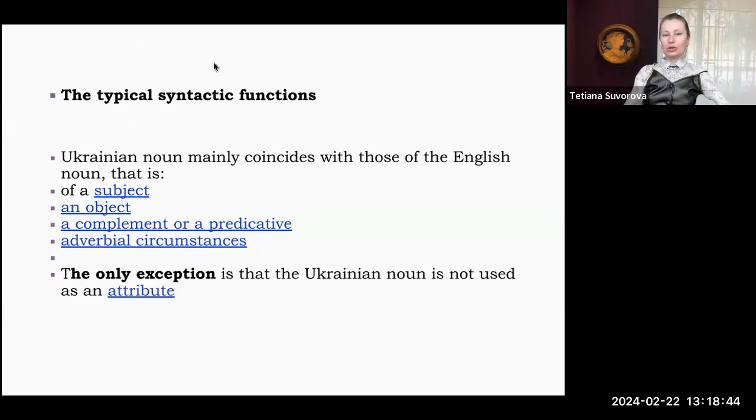The only thing about Ukrainian is that because we have endings and they clearly regulate and express grammatical categories, it's not typical for Ukrainian to express some quality with the help of a noun. These are adjectives in Ukrainian that can do that. But in English, the noun very often performs that function. And knowing that, we can easily translate, because if you have a number of nouns in a row in English, of course, they don't have endings. We cannot see the connection between them.